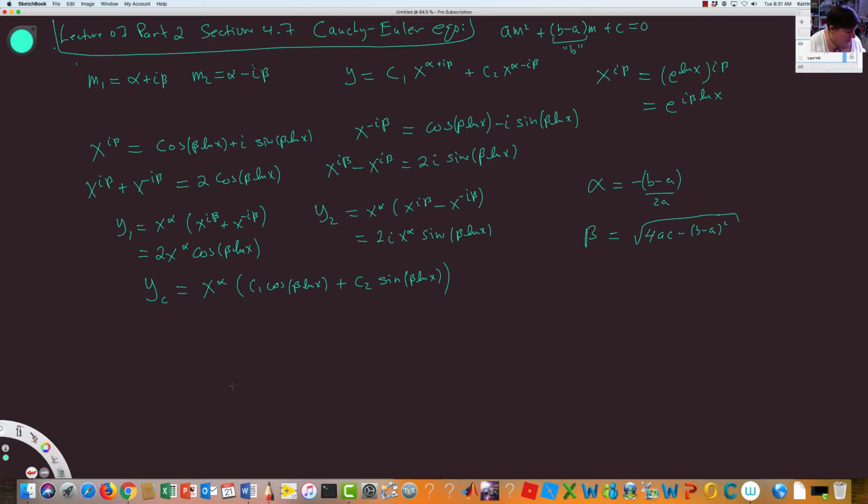Okay, so we've gone through the 3 cases. Let's actually do some examples of the cases, for specific equations.